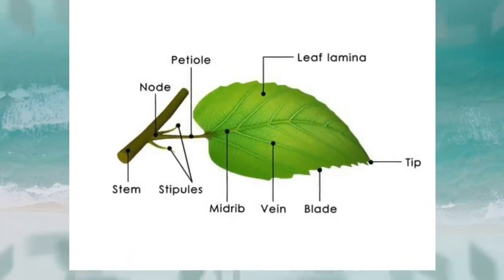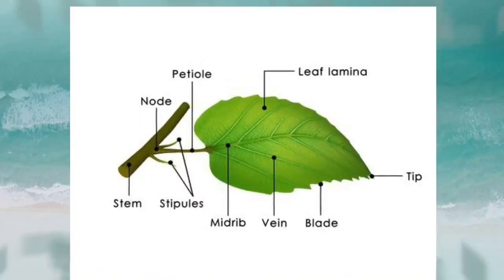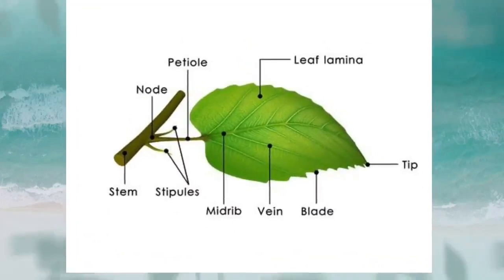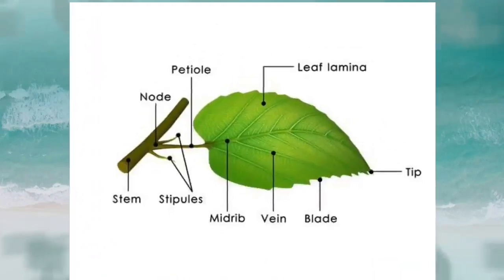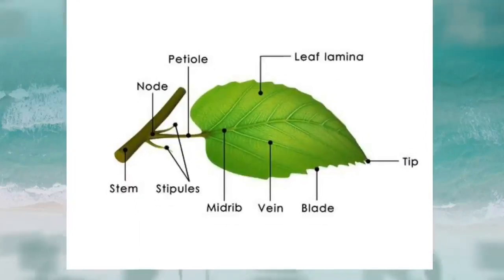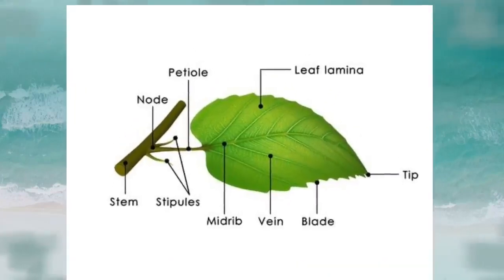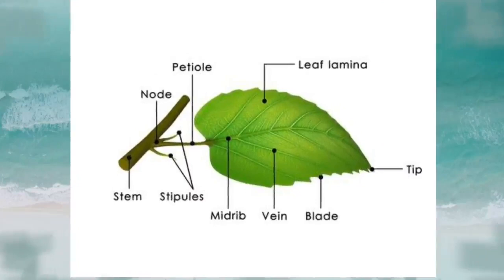Then the petiole. What is the petiole? The petiole is a narrow stalk-like structure that connects the leaf to the stem.